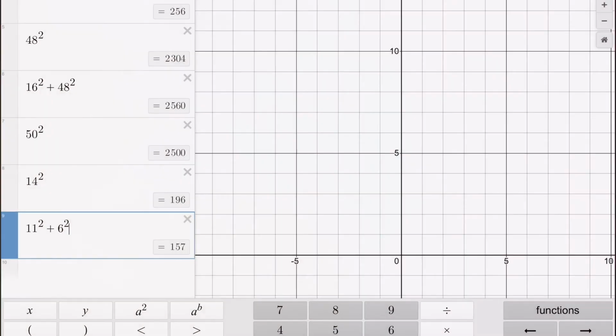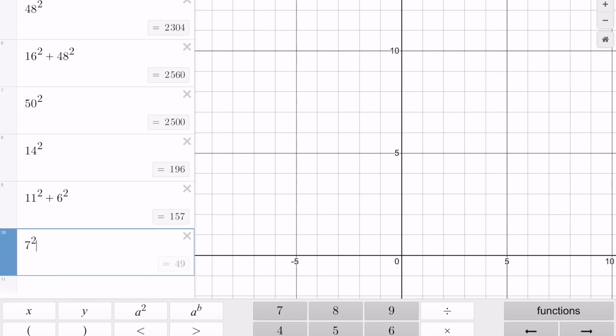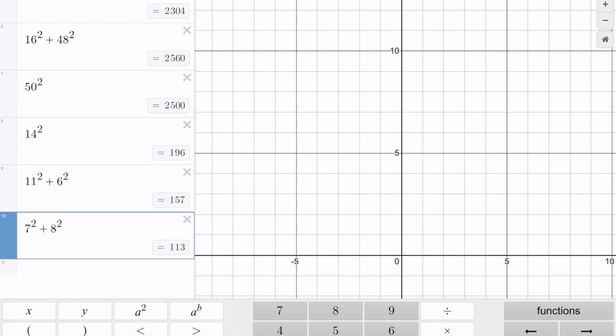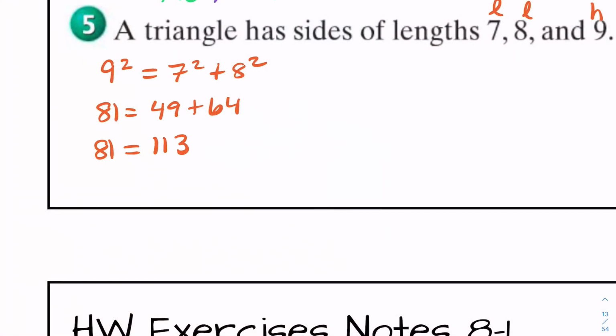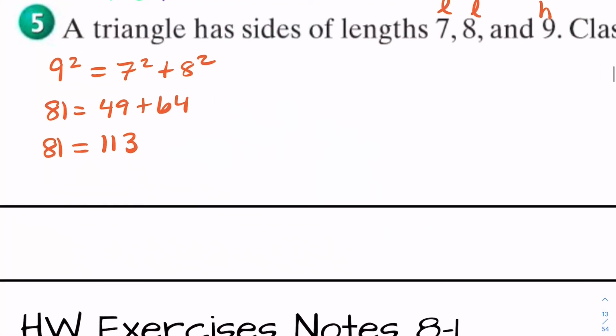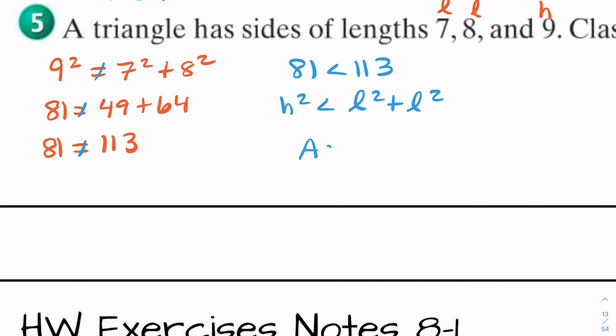Let me just check my work. Yes, 113. So that's not true. 81 is lesser than 113, making the hypotenuse squared lesser than leg squared plus leg squared, making this an acute triangle.